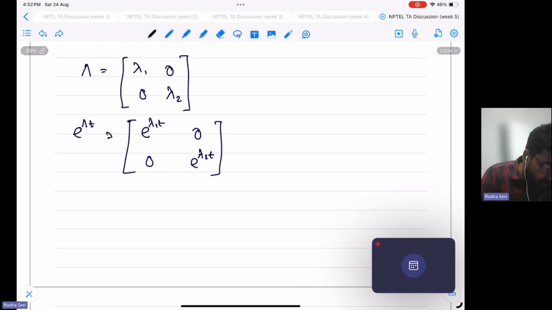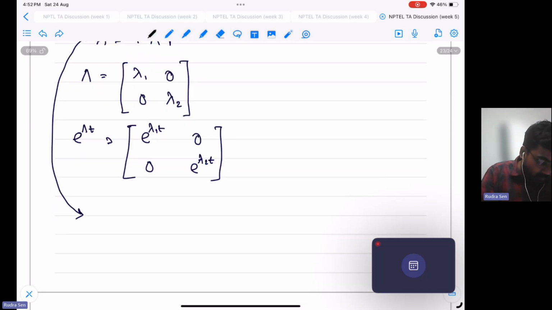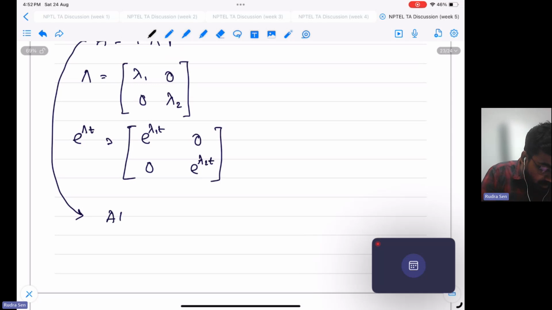Now, if you are asked to find out e to the power At, another thing you can do is first find out this e to the power lambda t, and then proceed. So now A is multiplied with, let's say, scalar t. This t is a scalar. So what we get is P lambda P inverse multiplied with scalar t.